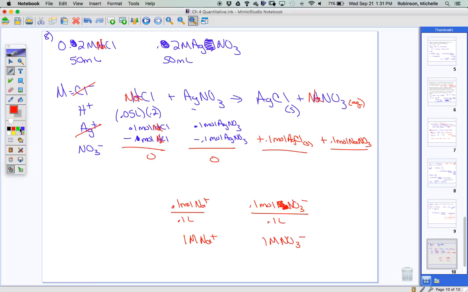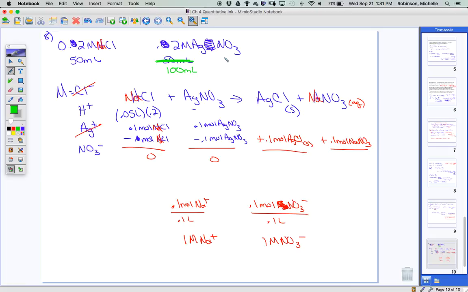The problem comes when this isn't even. Let's say instead of 50 milliliters, I had 100 milliliters. What's that going to do to the whole problem? It's going to change it. I'm going to have an excess amount of the silver nitrate.